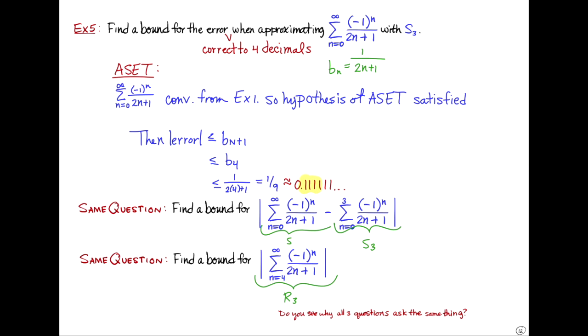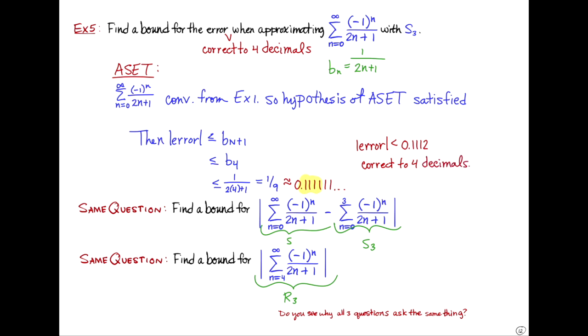In this case, if we wanted our error bound to be correct to 4 decimal places, then we would say the size of the error will be less than 0.1112, correct to 4 decimals.